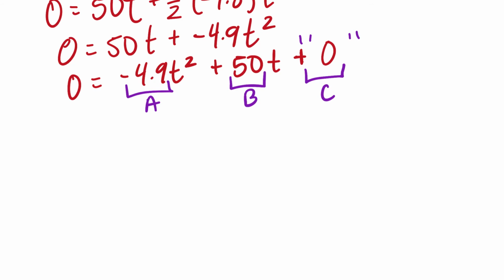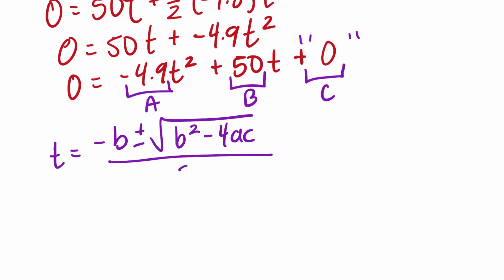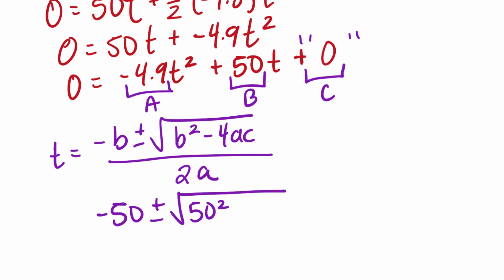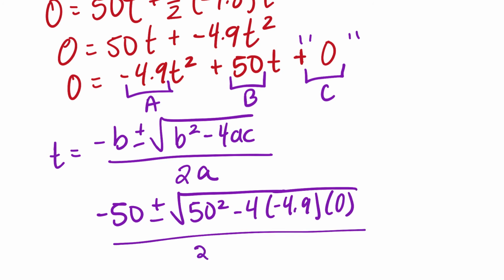Your quadratic formula is going to be time equals negative b plus or minus square root b squared minus 4ac all over 2a. So now we can plug in our a, b, and c. So we're going to have negative 50 plus or minus the square root of 50 squared minus 4 times negative 4.9 times 0. And that's going to be divided by 2 times negative 4.9.